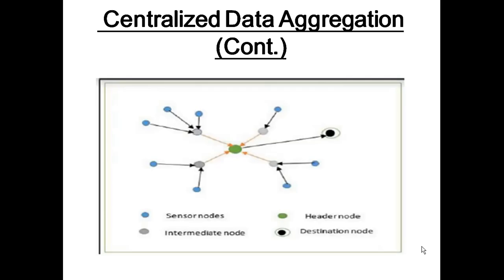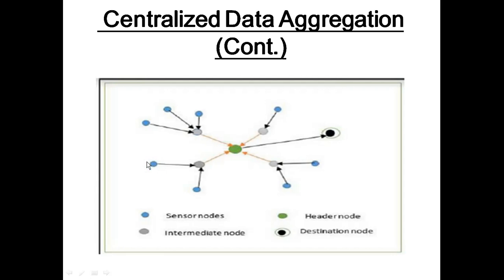Here, as you can see, the blue colored circles denote the sensor nodes. These are the nodes which are deployed in some area. Maybe they are deployed underwater, or in your vehicle. These blue sensor nodes sense and read some data, and transfer the detected data to the nearby neighbor.